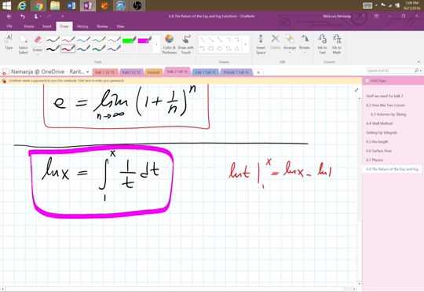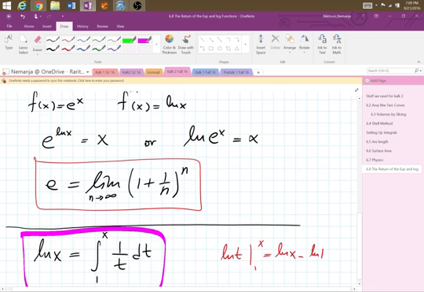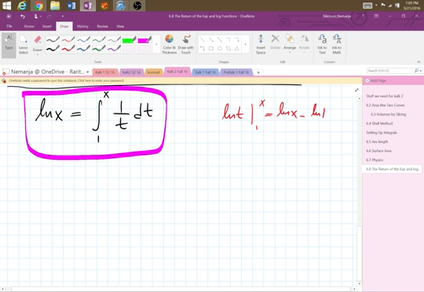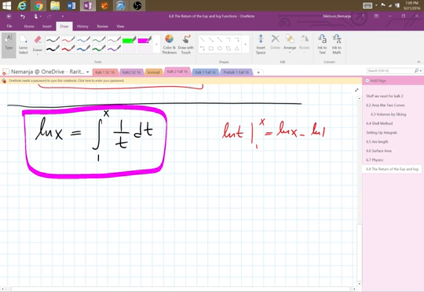So the integral of 1 over t is going to be ln t. So now that you have that, you plug in the upper limit, which is x, minus the lower limit, which is 1. ln of 1 is 0. We see that on the graph. So what we get is just ln x, which is exactly what the definition says.